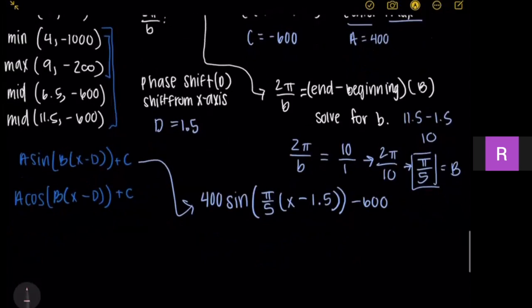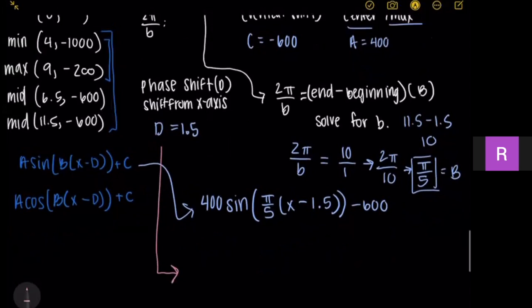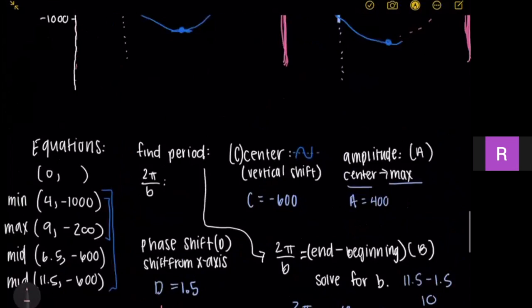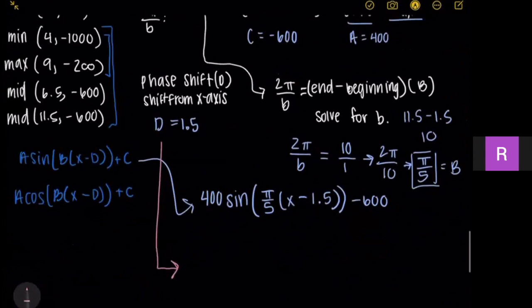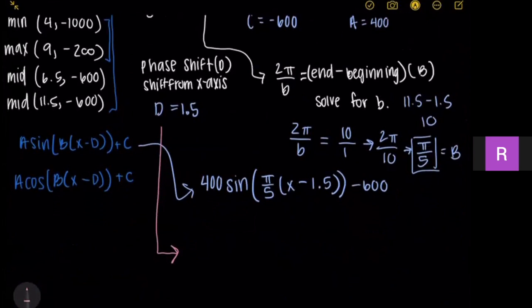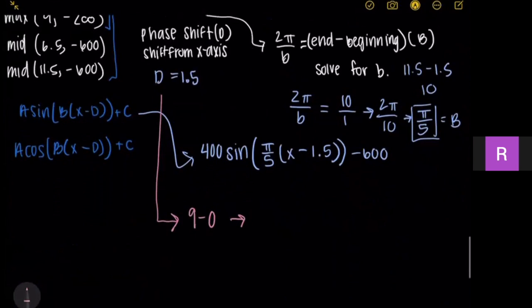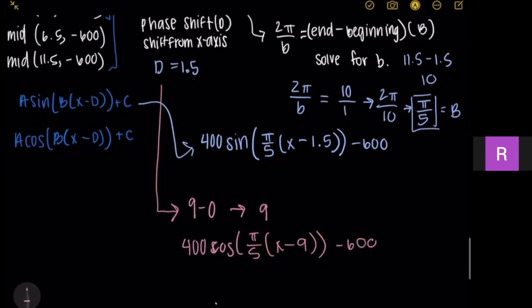So what's going to be different here is the phase shift. For the phase shift, we found the shift from the x-axis all the way to here, which is 9. So we're going to have 9 minus 0, and it's going to be 9. So instead, we're going to have A, which is also going to be 400, cosine of pi over 5 times x minus 9, minus 600.